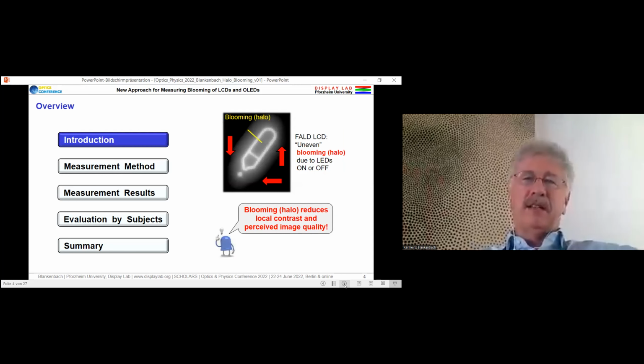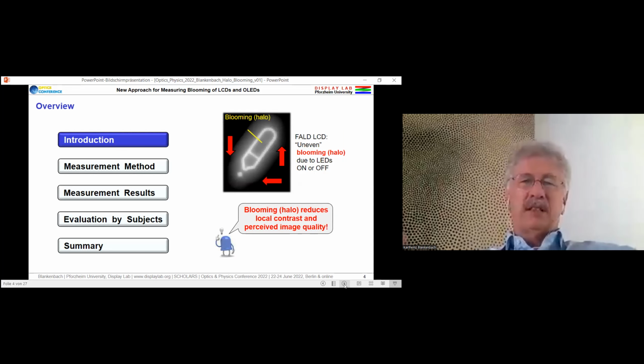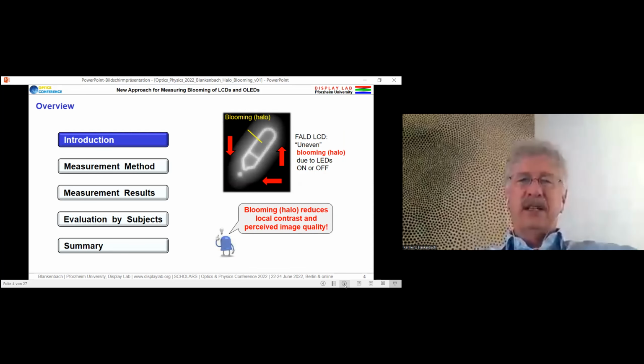On the slide, top right in the center, you see an example of what we call blooming or halo. There's a tiny pencil on the screen in white, and this pencil, and I'm sure you can see it, is surrounded by, let's say, brightened areas.